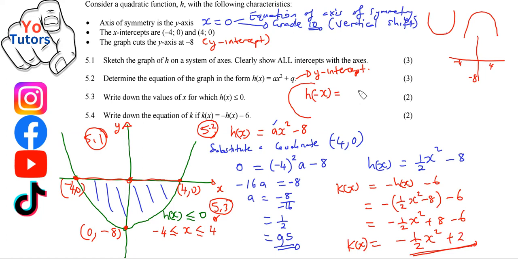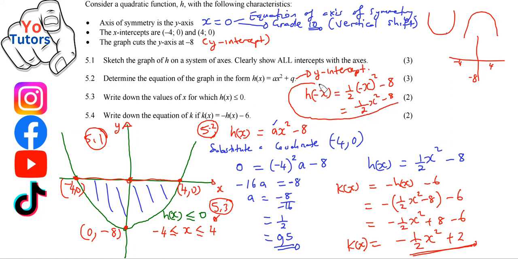So in this case, it will be half of negative x, squared, minus 8, which remains the same.